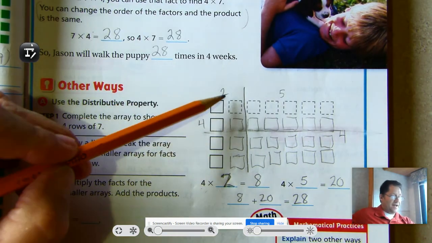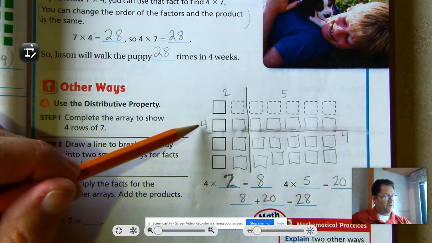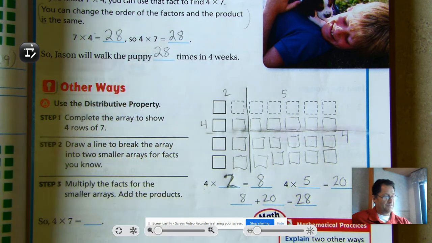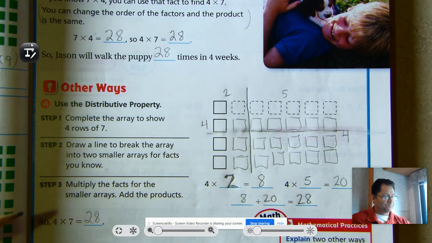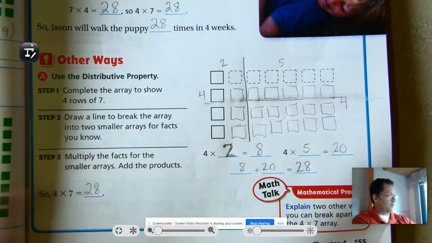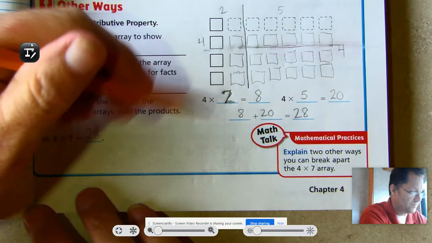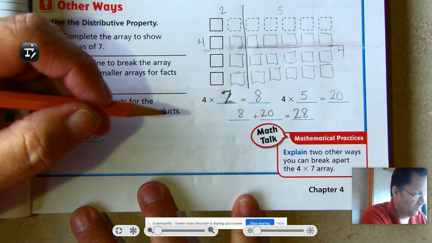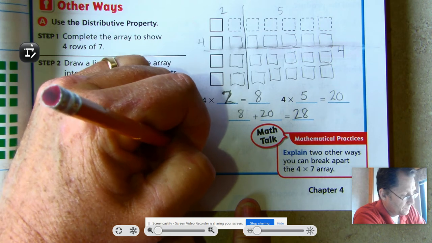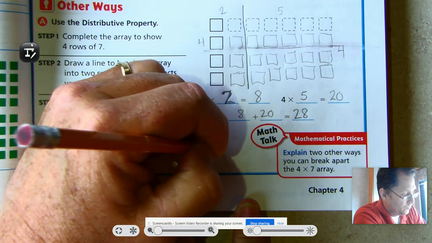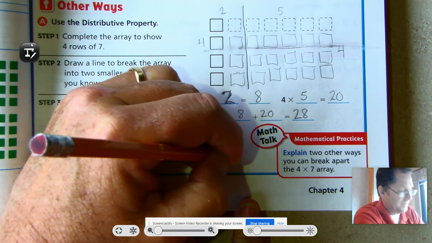So we could also add 4 times 3 plus 4 times 4. We could add 4 times 6 plus 4 times 1. So multiple ways to use the distributive property on that one. Okay, and so our math talk is actually discussing that. What are some other ways we could break apart the 4 times 7 array? We could have 2 rows of 7 plus 2 rows of 7.